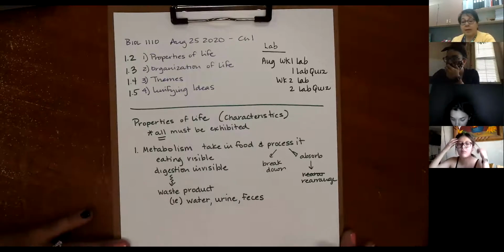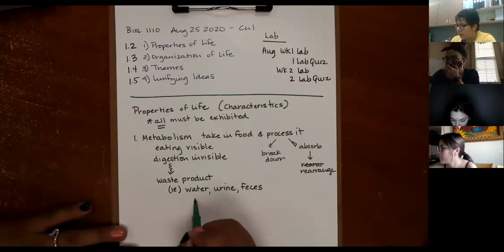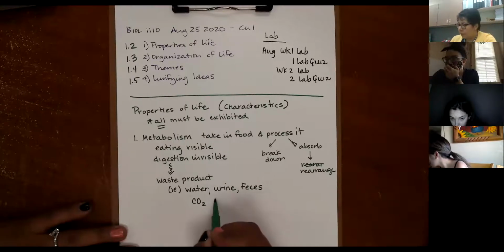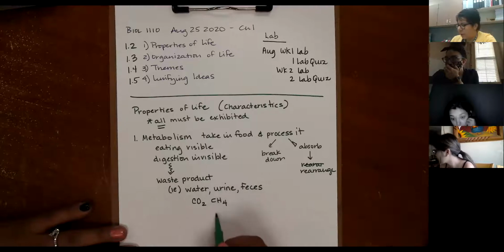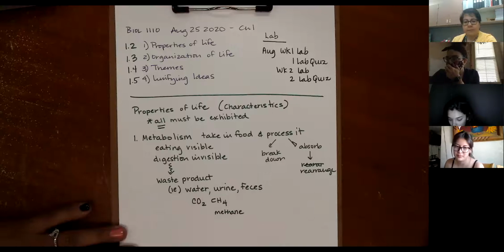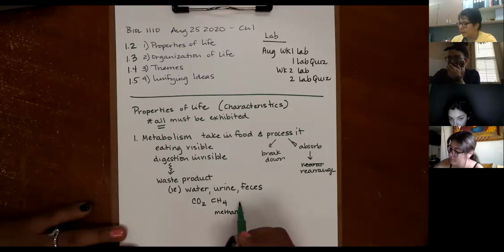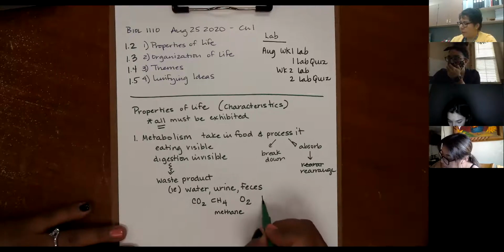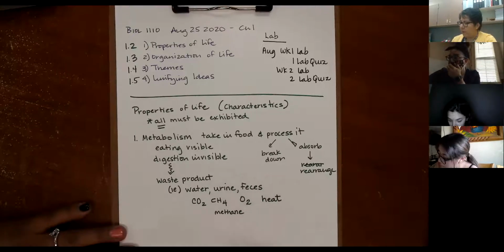But things that you might not consider to be waste products are things like carbon dioxide. Or if you're certain types of bacteria, what we call methane. In some cases, like plants, oxygen is a waste product. And the most common waste product on the whole planet is heat.